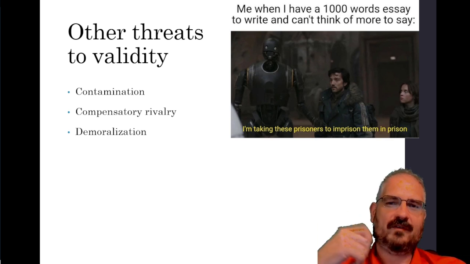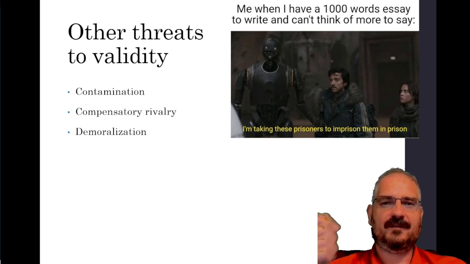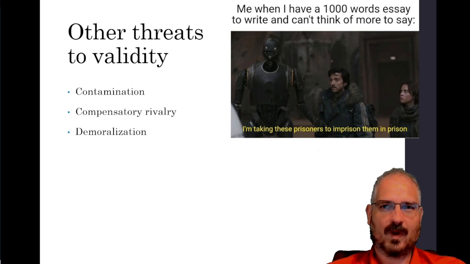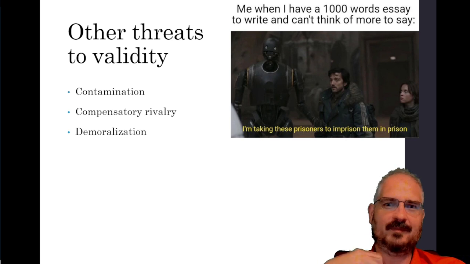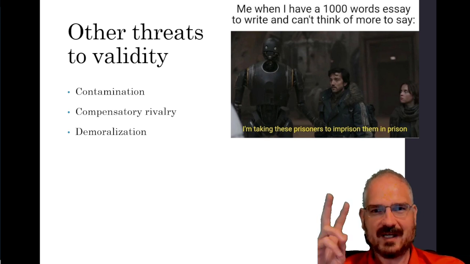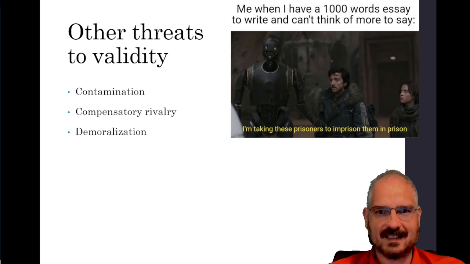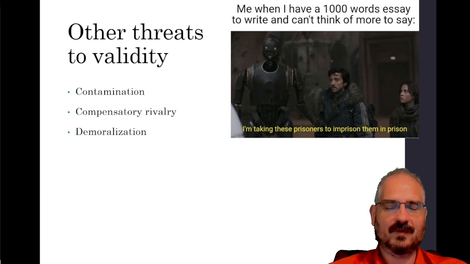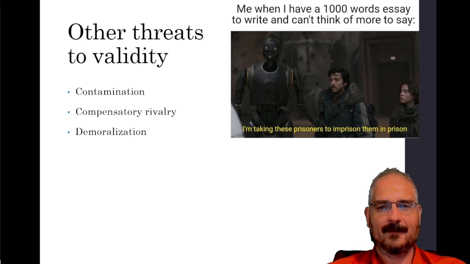And so they're going to kind of artificially inflate whatever we're measuring to make themselves look better, because they have this rivalry, if you will, with the experimental group. And thus they kind of make themselves look better in comparison, right?